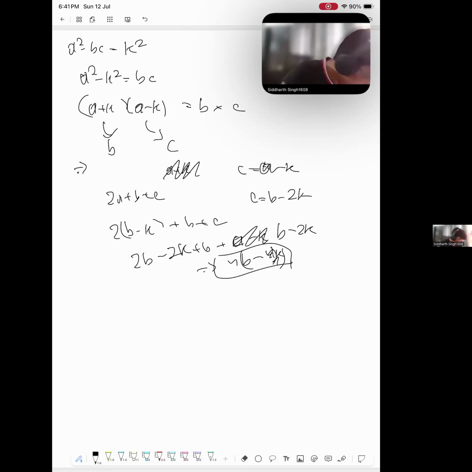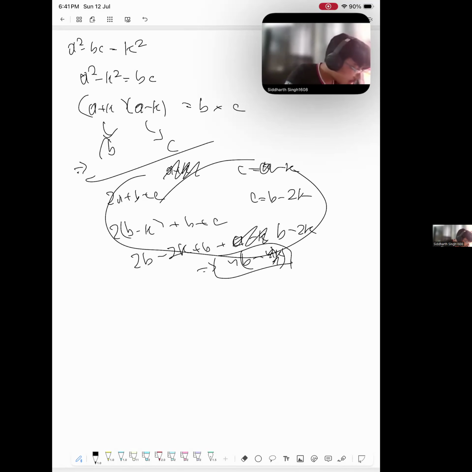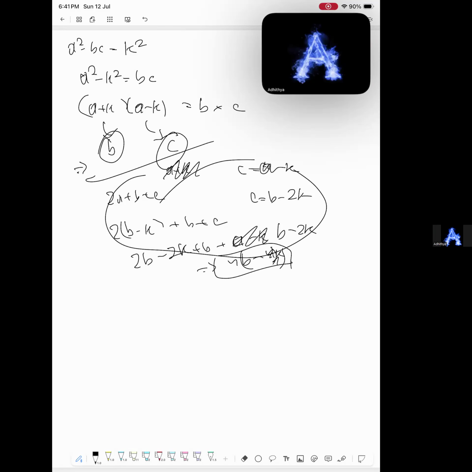The entire part before assuming that b and c are the factors, after that it's easy to deal with. But why would this hold to be true, right? It can also be c and b. You're going to get the same.